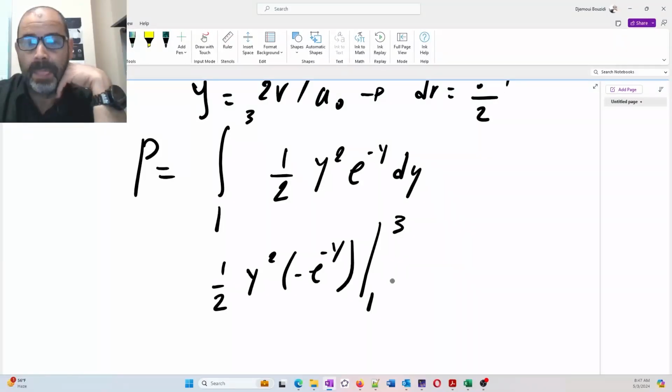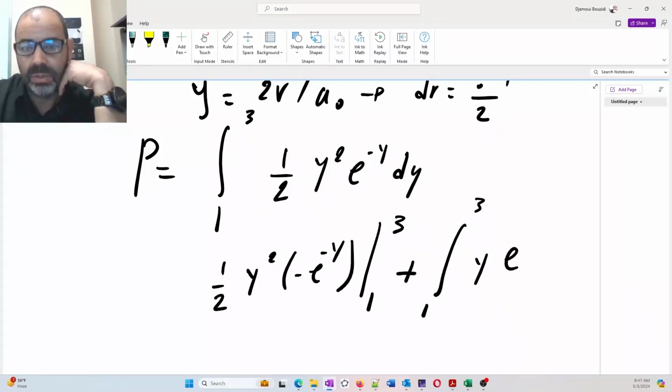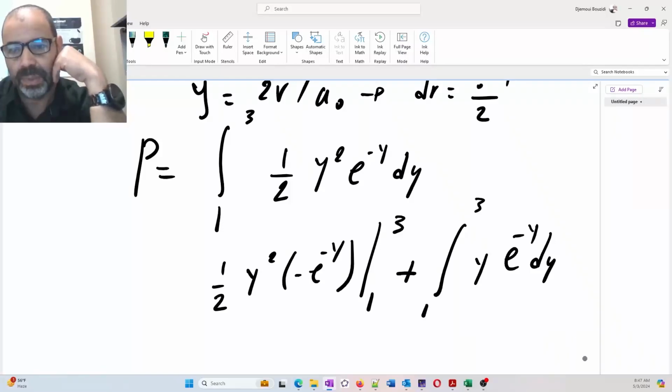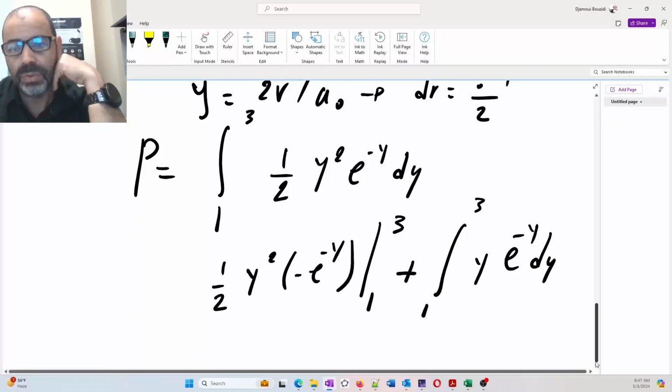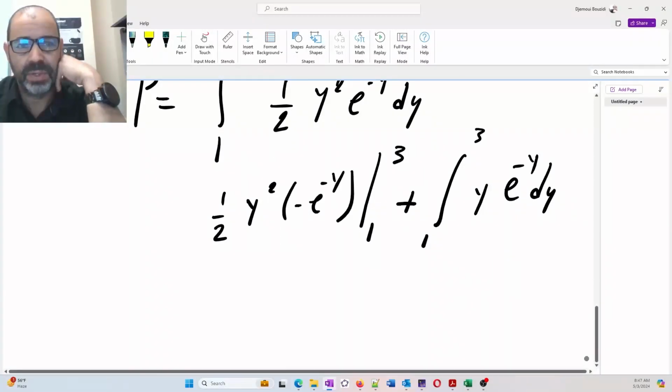Now it's not. Okay, minus minus, so it's going to be plus the integral from 1 to 3, I'm sorry, of the derivative of y squared, which is 2y, cancels the 2, so exponential of negative y dy. So this part that was 0 before, now it's not 0 anymore.